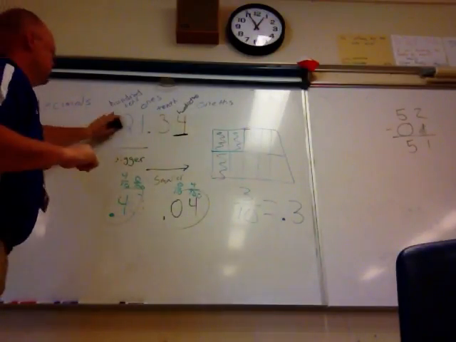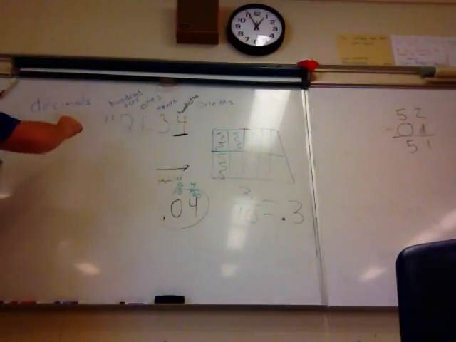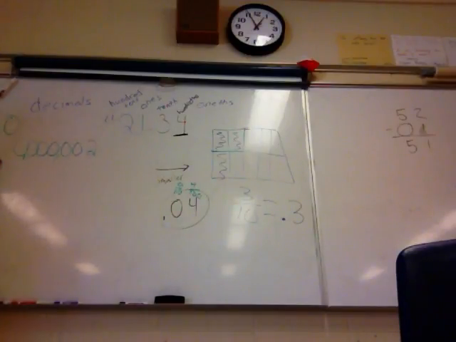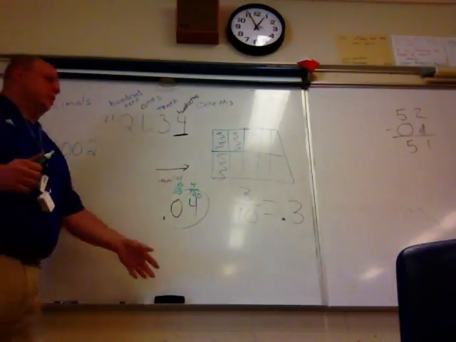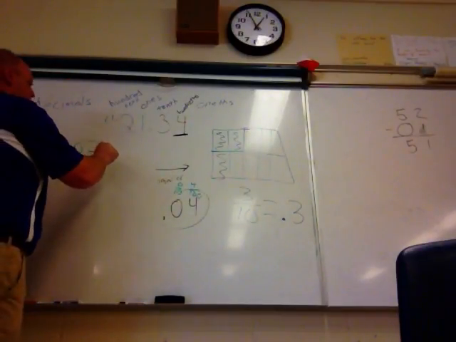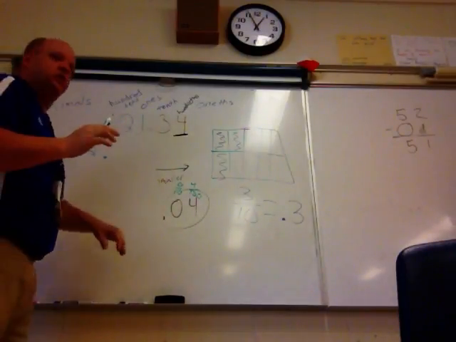Here's a great example of that. In whole numbers, zeros in front don't change the value. Oh my goodness, that's such a big number! No, it's not, it's 2. Okay, it's 2. So what we're saying is zeros in front of whole numbers don't change the value.